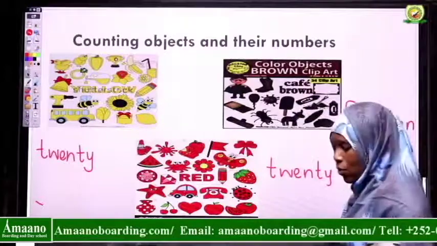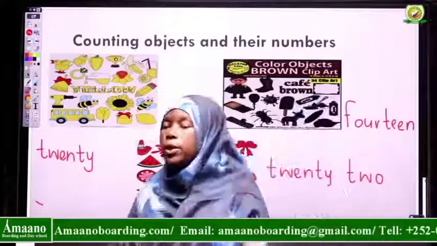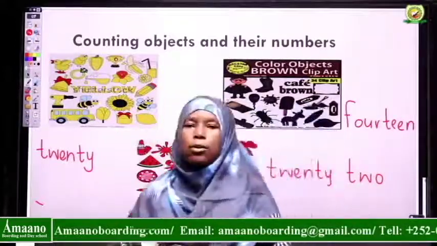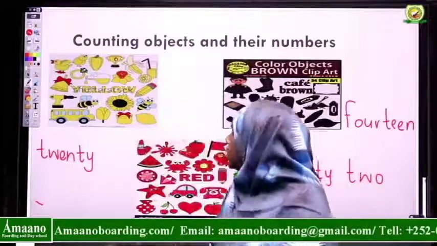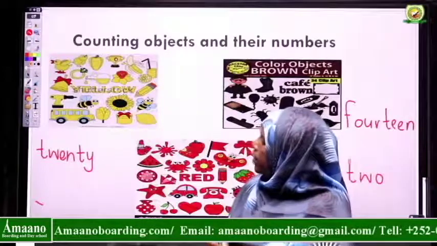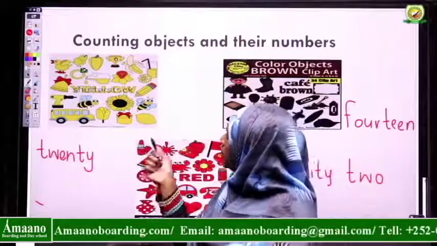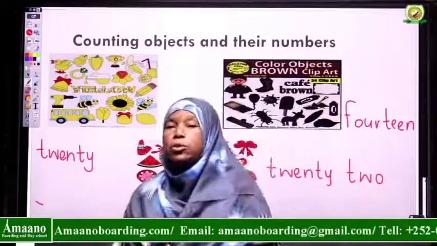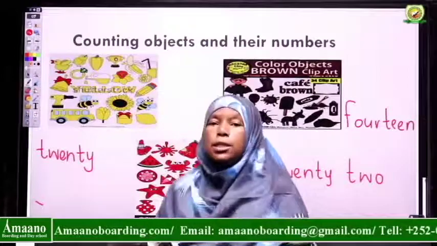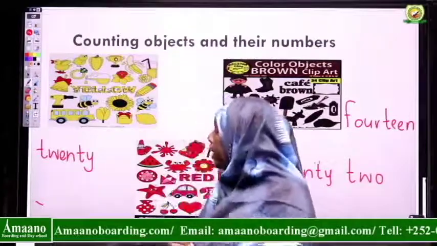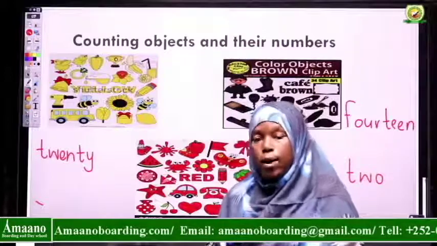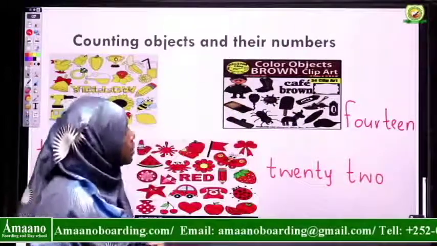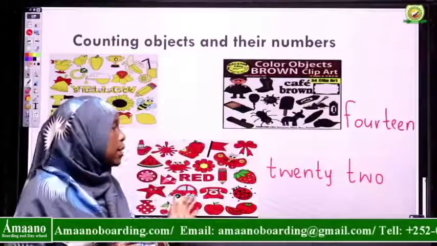Our number there is 22. So how do we spell number 22 or 20 or 14? How do we spell them? Let's start with the pictures represented in color yellow. They are 20. So how do we spell 20? T-W-E-N-T-Y. Then how do we spell the number pictures represented in red?